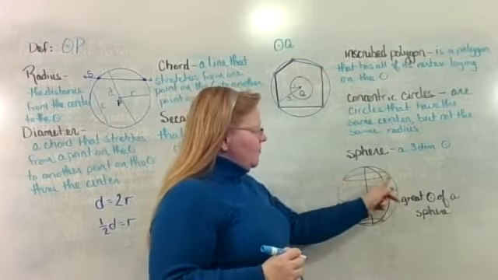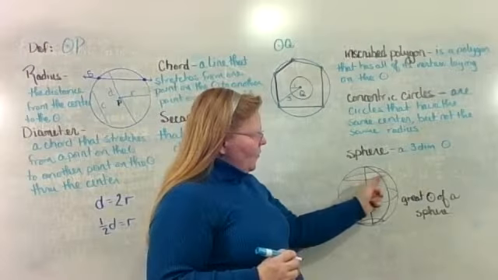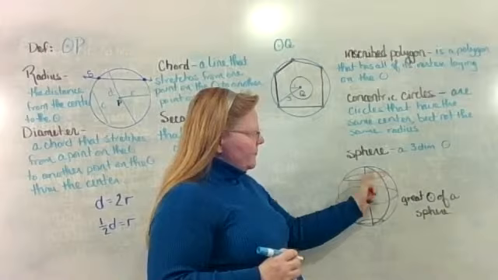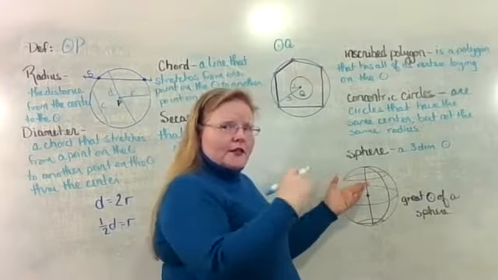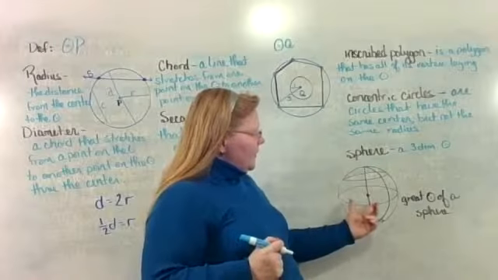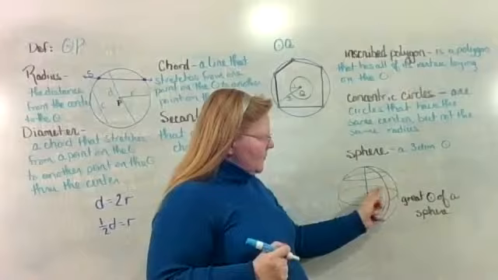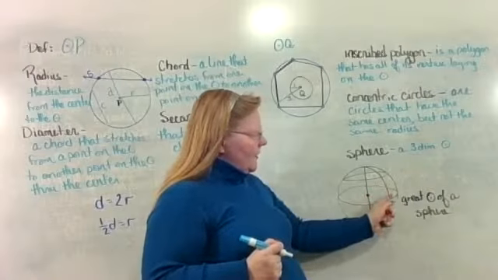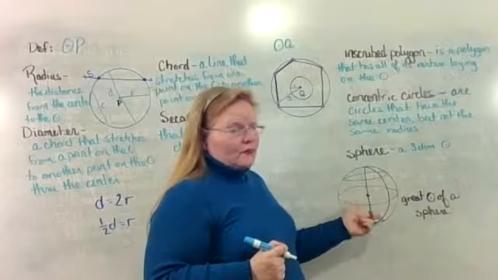So if I were to cut right here, I could section off that one little circle. And that would be like cutting at a chord. If I were to cut right here, right in the center of the sphere, that would be sectioning off the largest circle that there is.